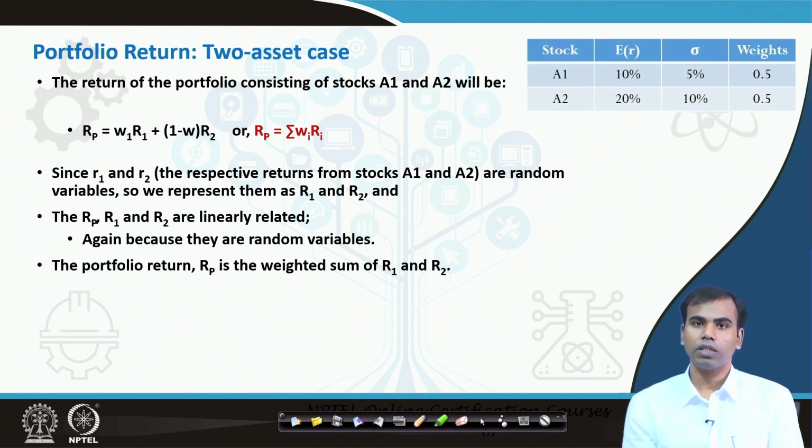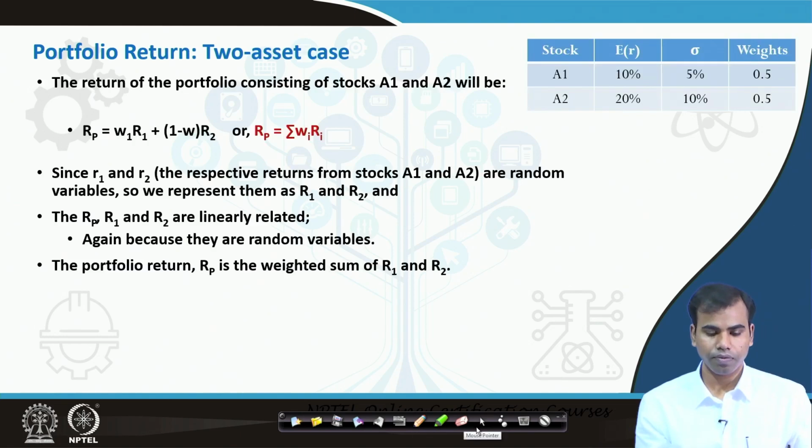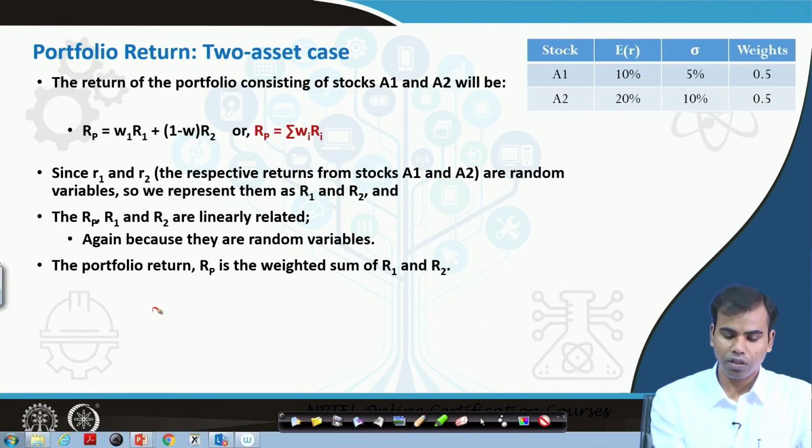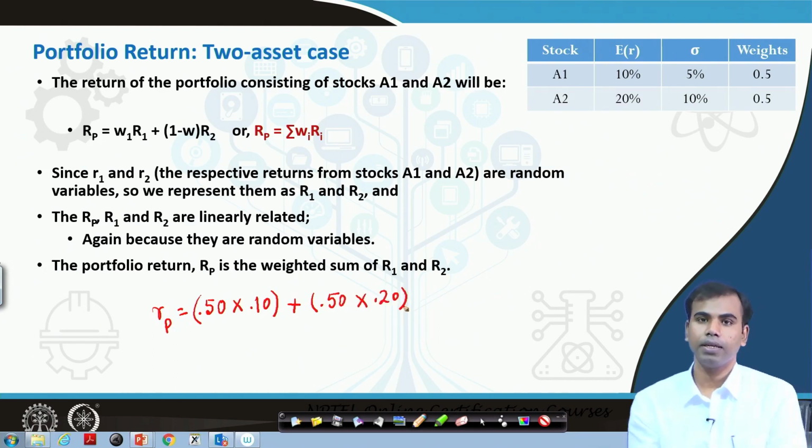So, if we try to calculate the return on this portfolio, it would be 50% weight in investment A1 into 10% return for investment A1, and the remaining 50% weight in A2 into 20% return in A2.